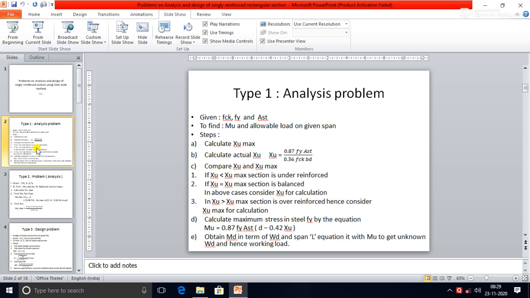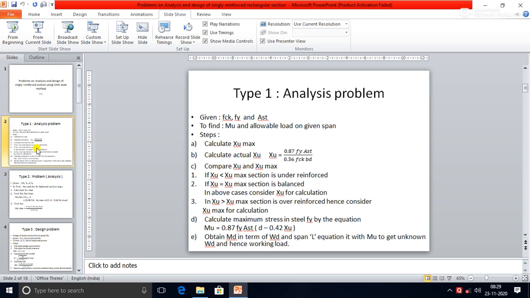Suppose there is a simply supported beam, it carries a UDL or it carries a point load. What amount of load is carried by that beam we have to calculate, and also we have to calculate the ultimate moment of resistance. For that, the following steps are adopted. First step is to calculate Xu max.